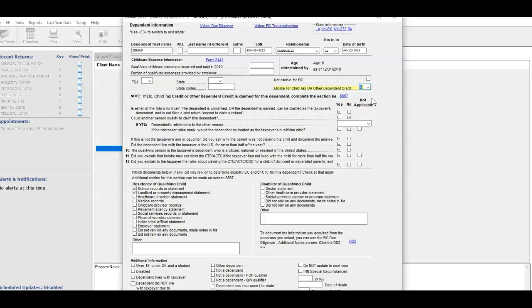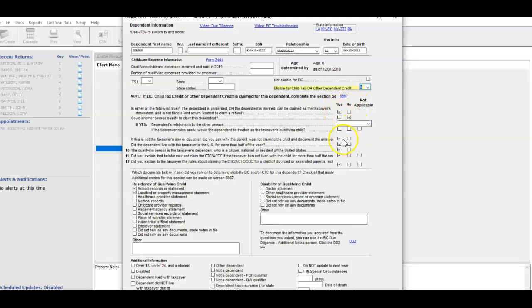So that's how that works when it comes to child tax credit versus other dependent credit based on age. So for a child 16 and under, child tax credit; if you have one 17, 18, 19 who qualified as dependent on their parents' return, they would fall under dependent credit. So that's how they work. So change that back to C.